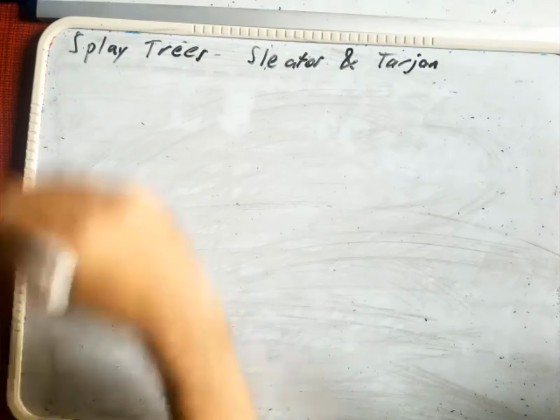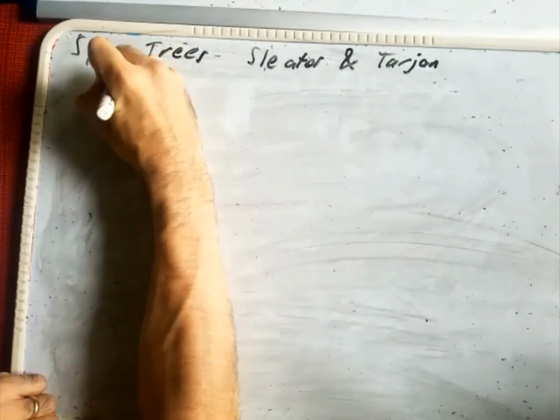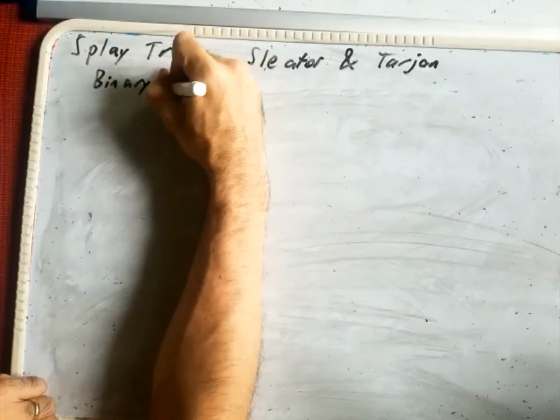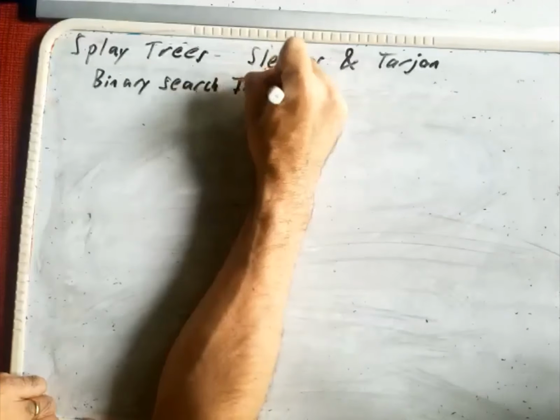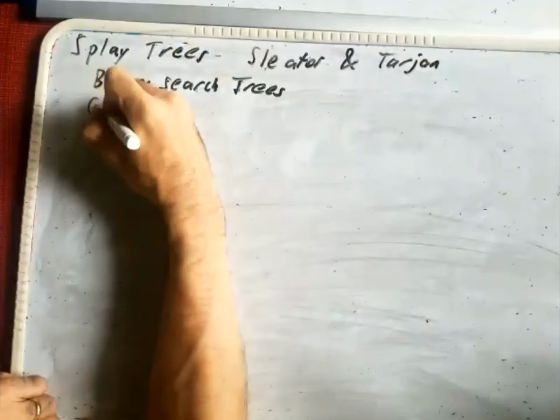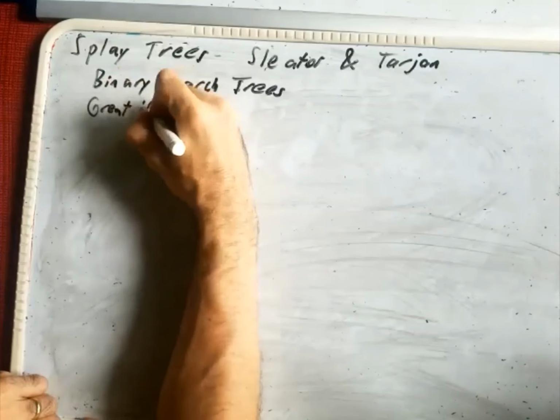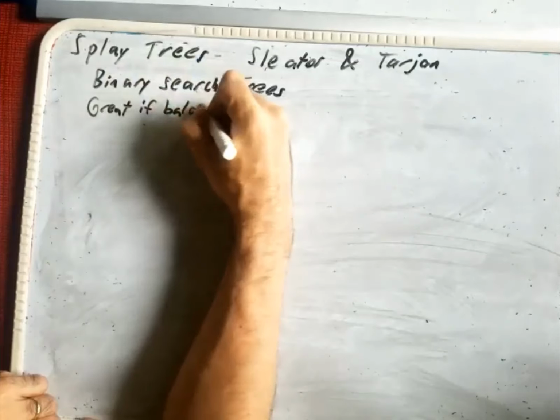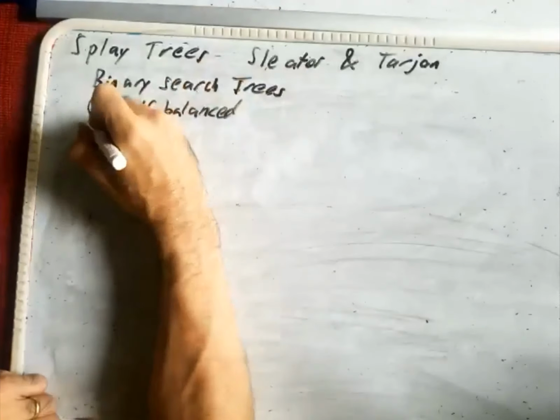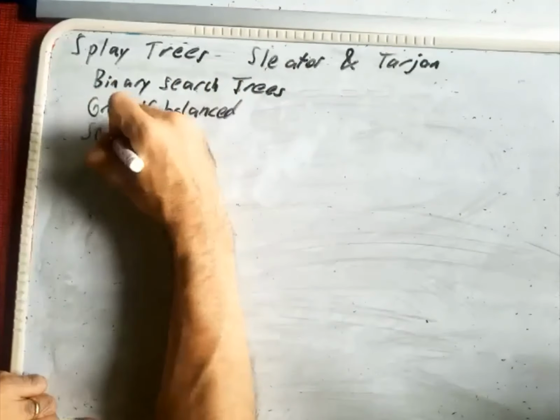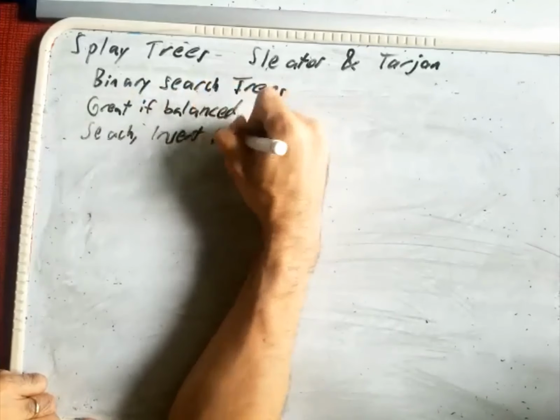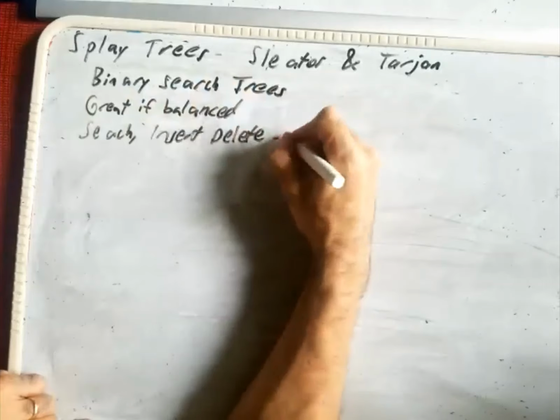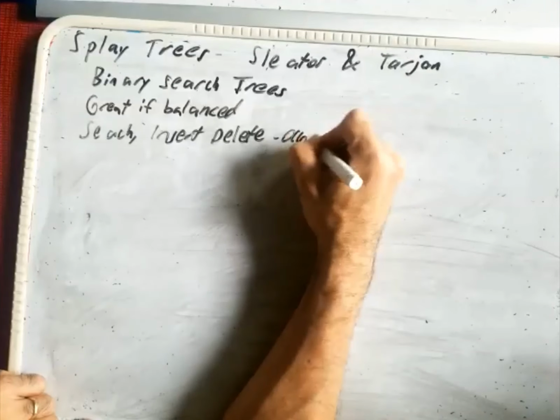Splay trees are a particular kind of binary search tree. And we know all about binary search trees. Binary search trees are great if they're balanced, right? If we can keep them balanced, we can do search, insert, and delete, all in order log n time.